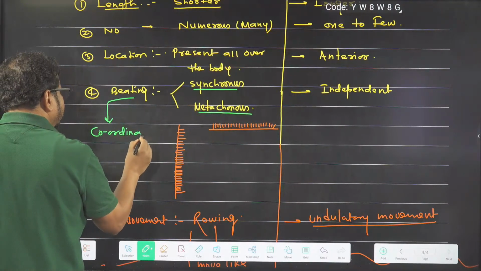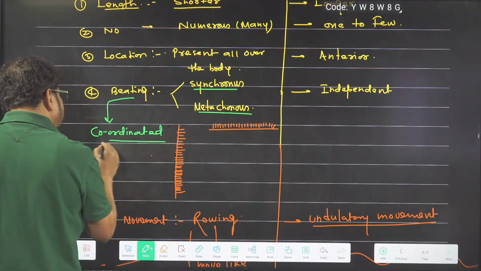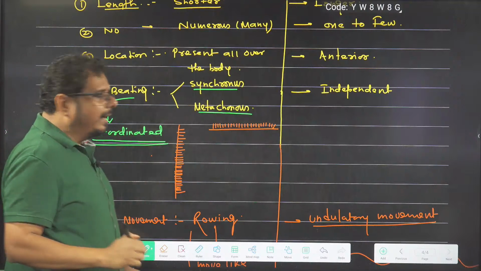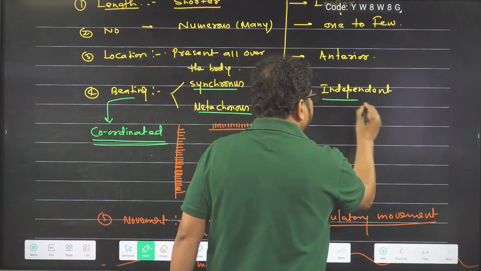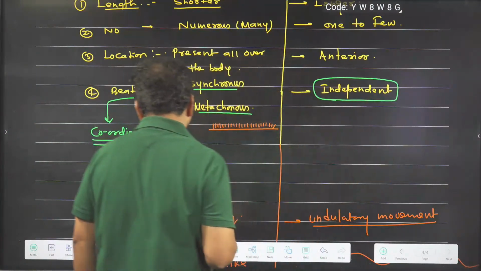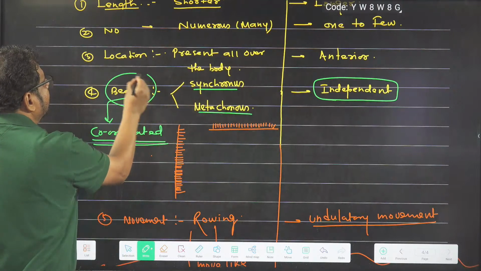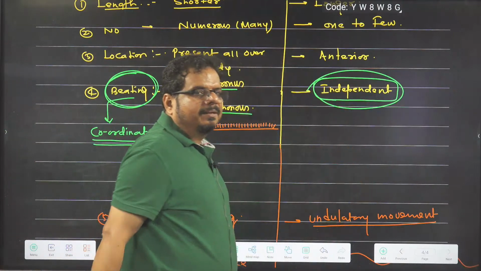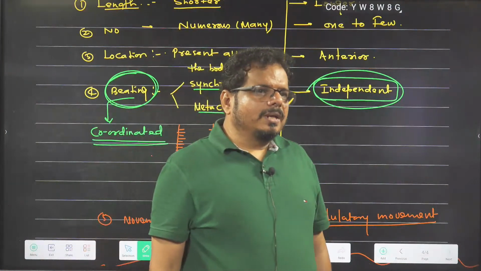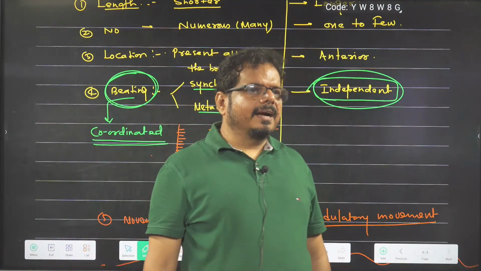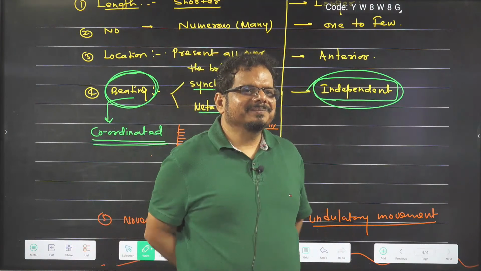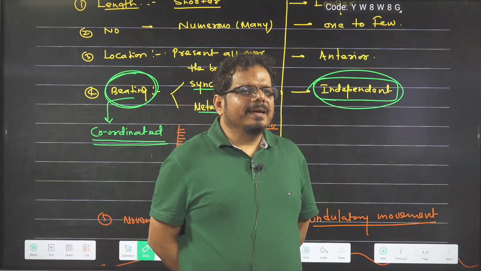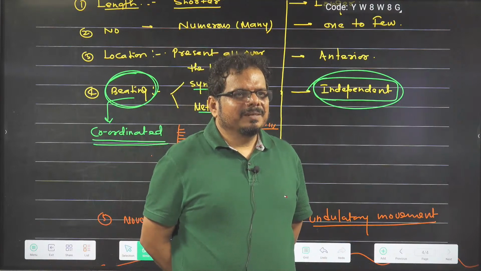Coordinated beating occurs here. I am telling you the difference between coordinated beating and independent beating. You will understand from day-to-day life. I know maybe you are struggling to understand, so I am giving you a very easy example. When you dance on a stage under the guidance of a choreographer, suppose that every dancer is a cilia.